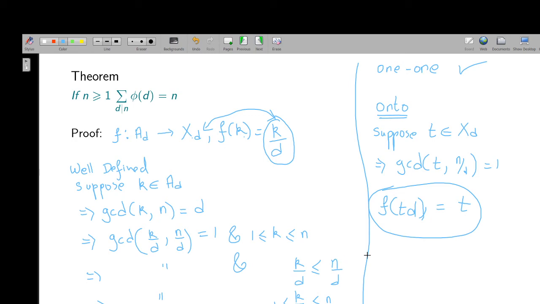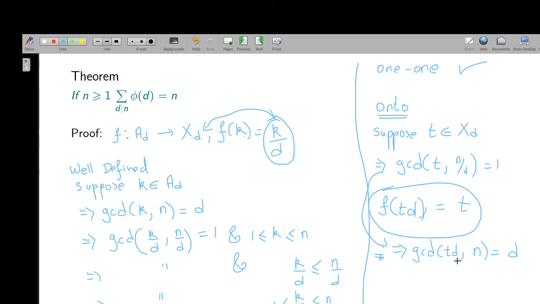This tells us that the GCD, this is just very basic number theory. If you are not familiar with this, you should maybe read up, or you can ask me, but I will not prove these things in detail here. So GCD of td and n will be d. You can very easily prove this.